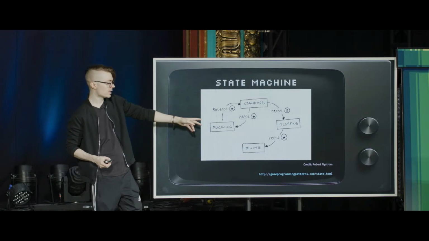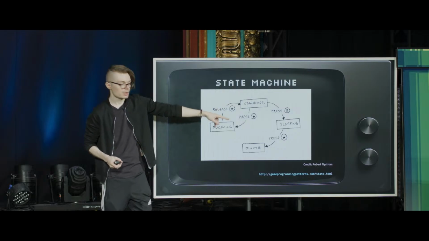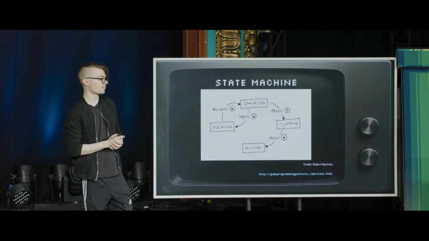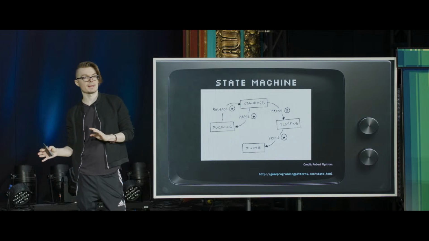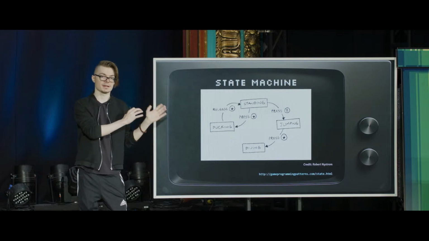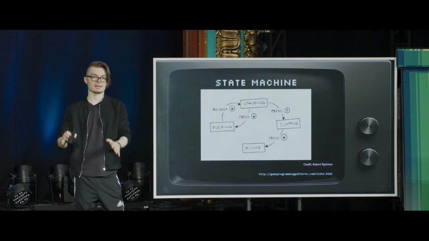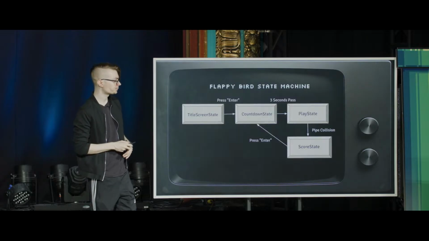So we release down, we go from ducking to standing. If we're in standing and we press B, we'll jump. And then so on and so forth throughout the rest of this diagram, which we talked about last time. And this is sort of how you can diagram out the overall flow for your entire game. This is modeling an entity, a character, but you can model anything that changes state and that has state, and that state is important in determining how it should make transitions.